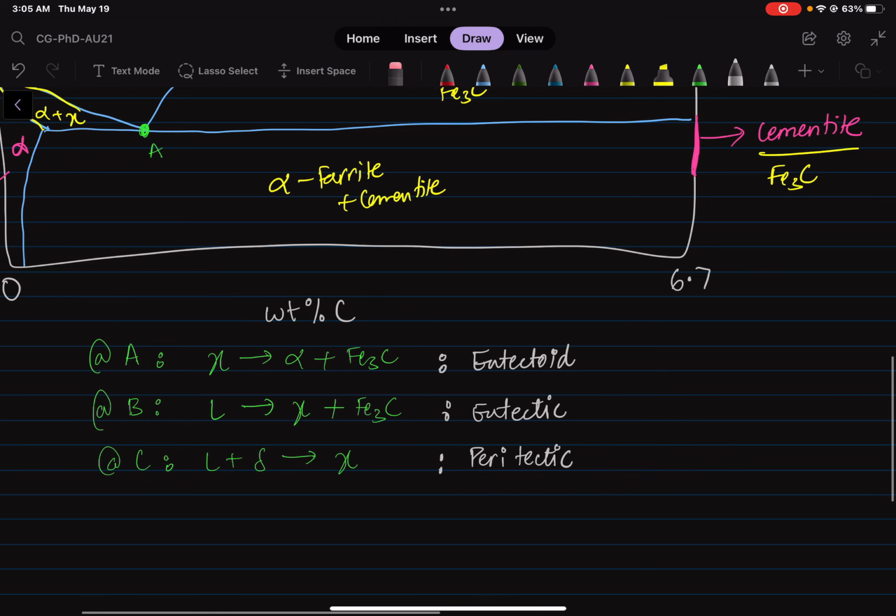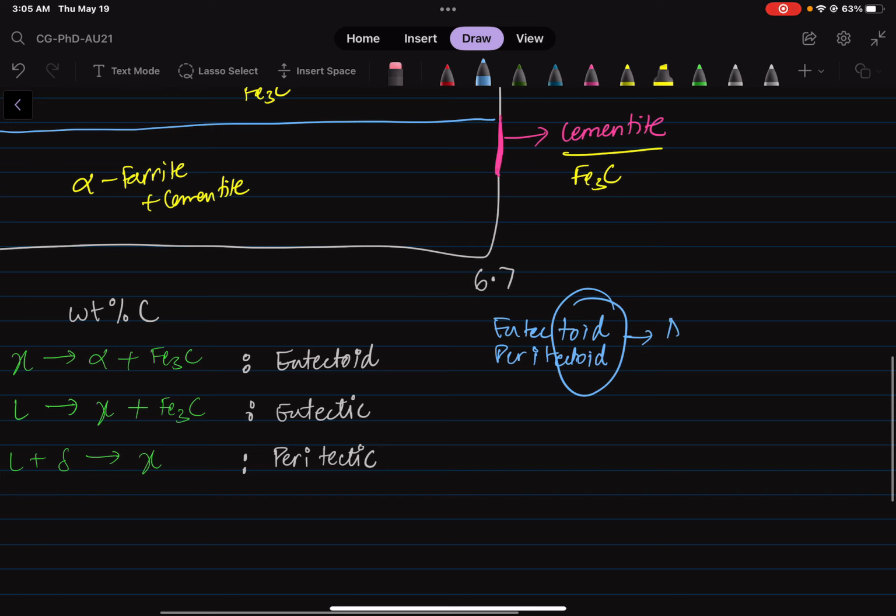A quick way to remember these is that whenever you have "toid" at the end, so it could be eutectoid or peritectoid, the "toid" at the end means that all phases are solid, at least in these two examples, the eutectoid and peritectoid.